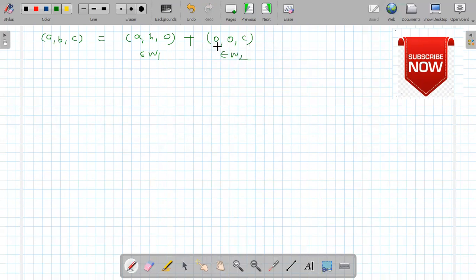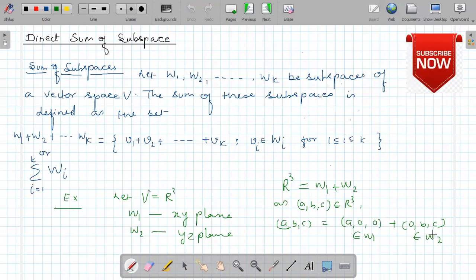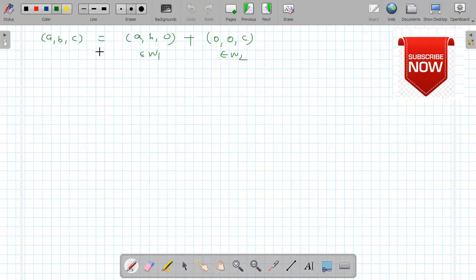So this vector is a member of W1 and this vector is a member of W2. This representation is different from what we obtained before, right? So this representation of this vector ABC is not unique.